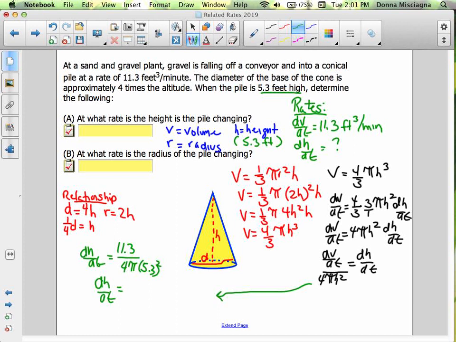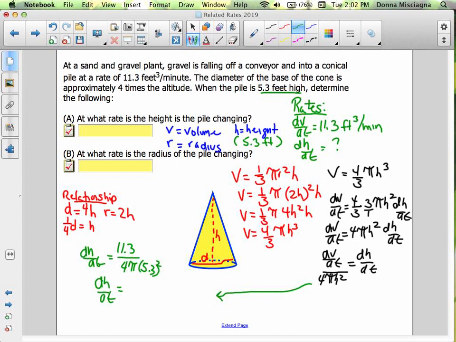And so we've got 5.3 squared times 4, and then 11.3 divided by that, which is a very long, unwieldy decimal there. You know what, I may as well divide by pi.